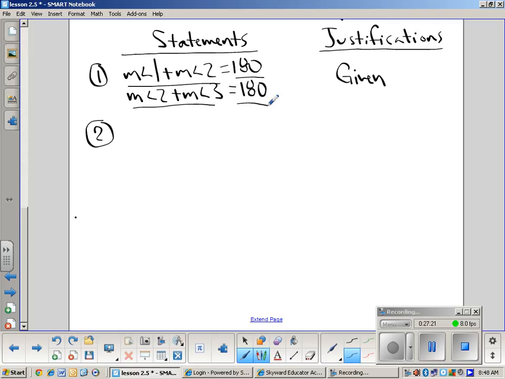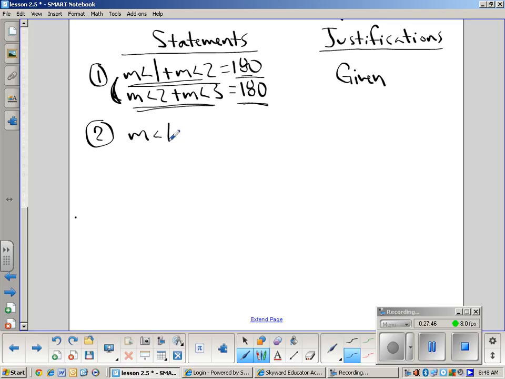Did I say if Emily has the same amount of money as Jeff and Jeff has the same amount of money as Rebecca, then Emily has the same amount of money as Rebecca? Something like that. So if this is equal to 180 and 180 is equal to this, then that means these two must be equal to each other.